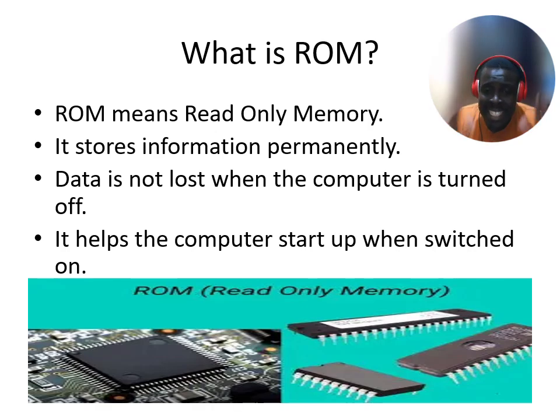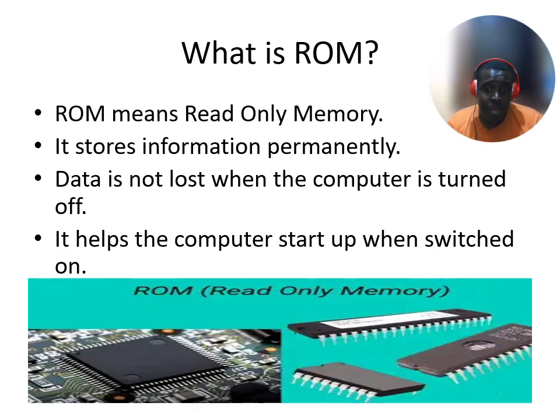It means that the information on the ROM will still be there even if the computer turns off. So even if ECG takes out the light, the ROM is there for you. It helps the computer to start up when you switch on. It also helps the computer to perform the power on self-test. Now you realize that the ROM is actually fixed on the motherboard, so it's not something that you can easily take out.